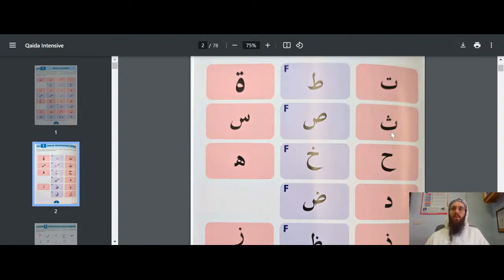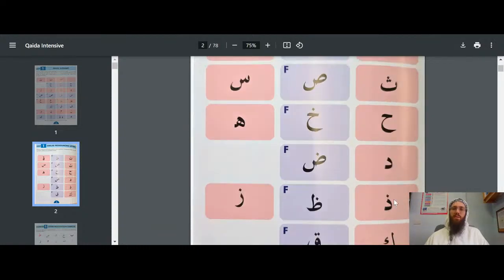So this letter here, Tha, Sa. And it's interesting that this is put together because this is only phonetically similar to some people. The Tha is also very similar to the Tha. So this is a Tha and this is a Thal. Tha, Thu, Thi.